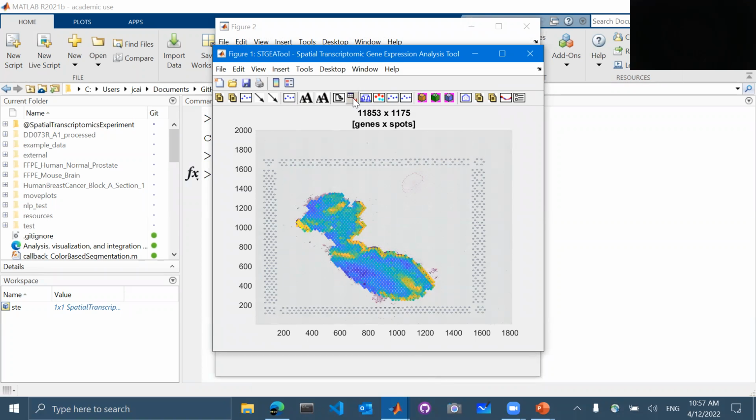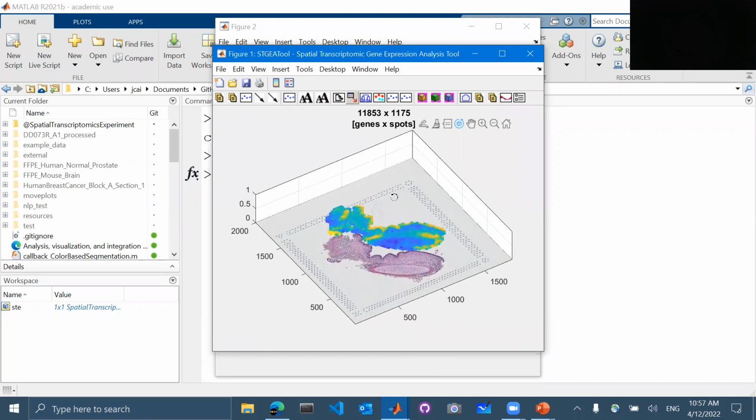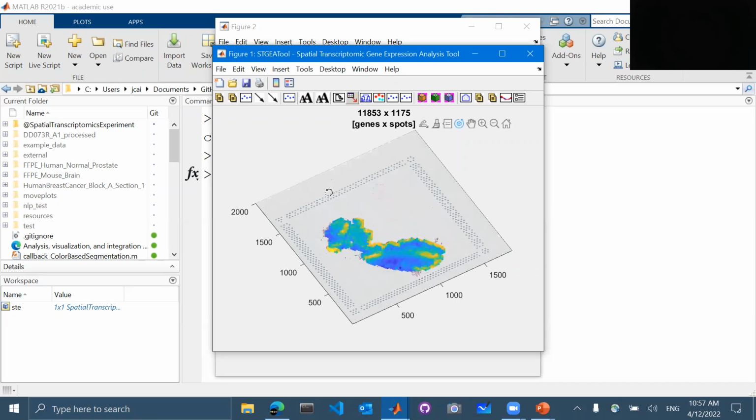And here, this slide is from 10x Genomics Visium, which has a probe and detects expression level onto this.